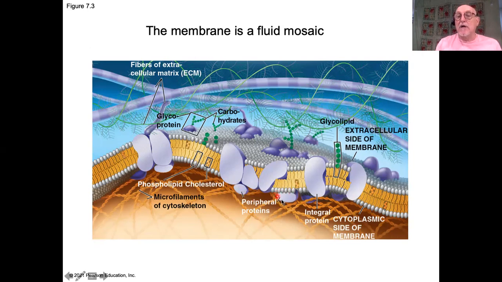They are proteins which are associated with one side only of the membrane. Most of them associated, in fact, with the cytoplasmic side. There are a few which are associated with the outside, but the cytoplasmic peripheral proteins are much, much more common. So these are just associated there, and they tend to be associated with these hydrophilic heads.